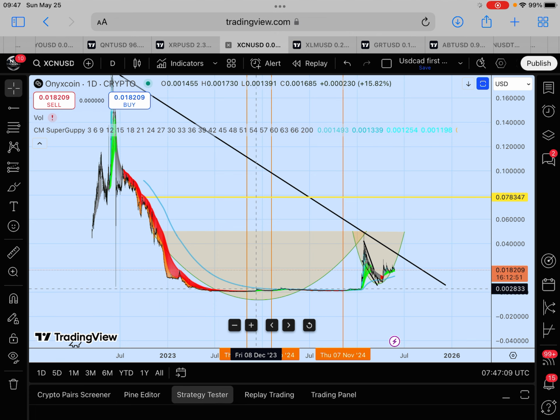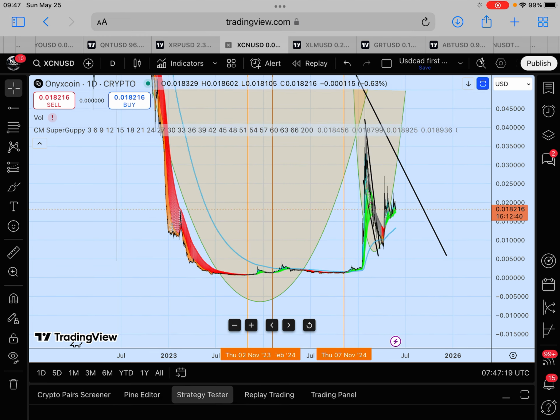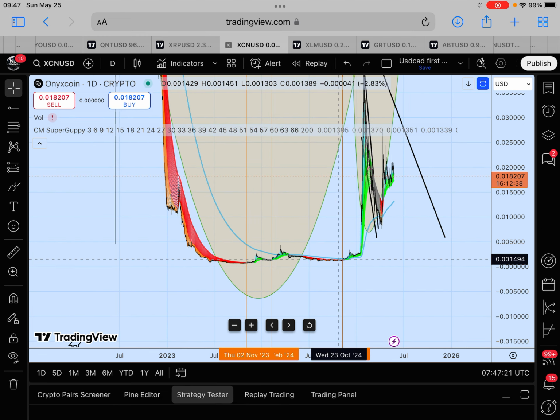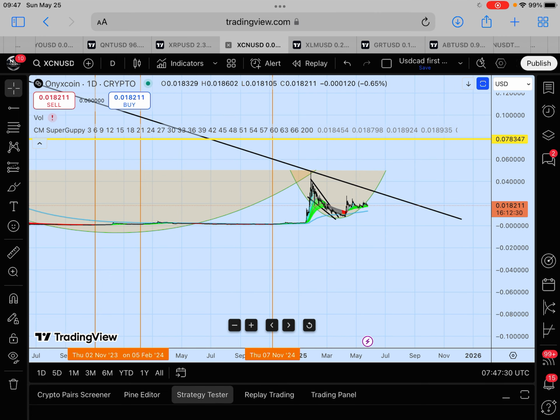However, we made 250% here, I think around 125 to 200% in this pump, and then we waited for that consolidation and the breaking of a downward trend line. And we had that entry right around here as well, and gained astronomical over 2,000% on that play. So I'm a high believer in XCN. I believe there's a lot of potential in it, and that's kind of what I'm going with.